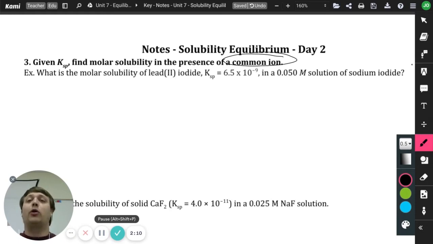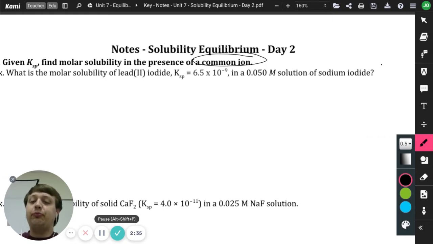So what would be the molar solubility of that lead iodide? Well, since we've already got a common ion, specifically that iodide in there, that's going to change how much of that lead iodide can actually dissolve. And so this idea of this common ion, this ion that is the same in both of those compounds, we are going to be seeing how that's going to affect our solubility.